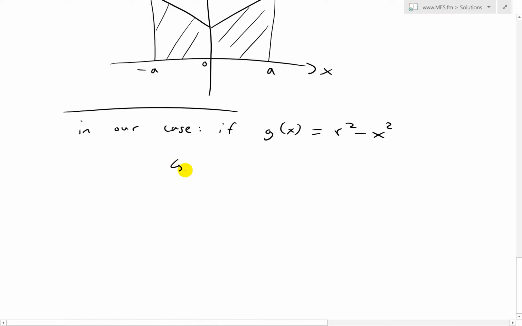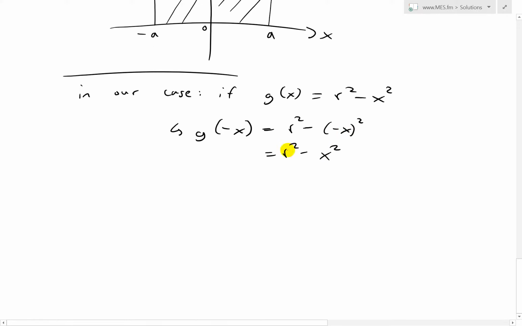If we put g of negative x inside, we get r squared minus negative x squared, and this negative x squared is going to be positive x squared, which doesn't change anything. So that equals g of x, so thus this is even. That's an even function.